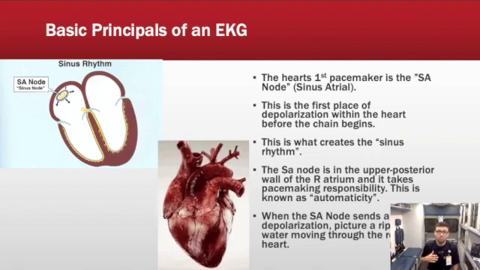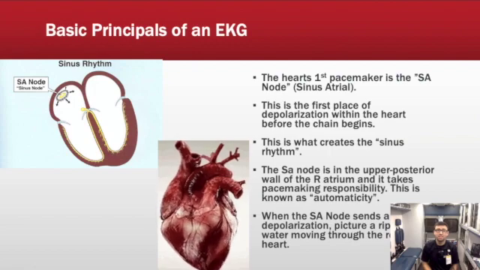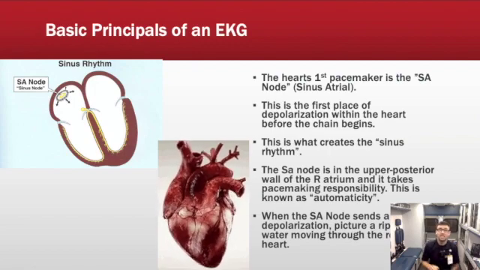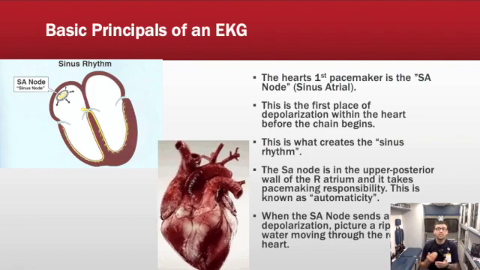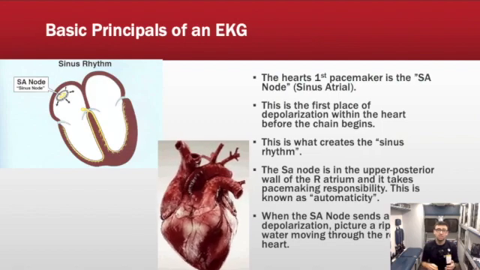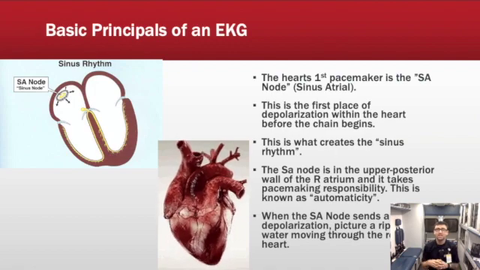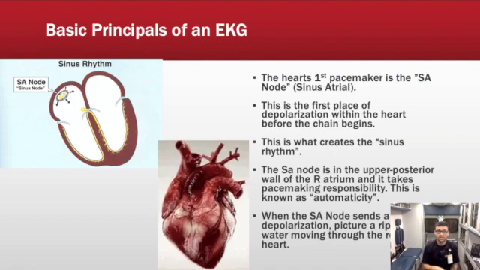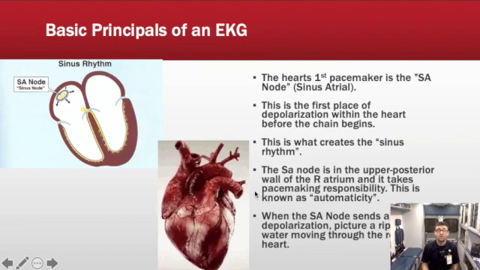It is in the upper posterior wall of the right atrium, and it takes pacemaking responsibility. This is known as automaticity. It fires at its own rate, between 60 and 100 beats a minute. When the SA node sends a signal for depolarization, that depolarization then takes place through the remainder of the heart.